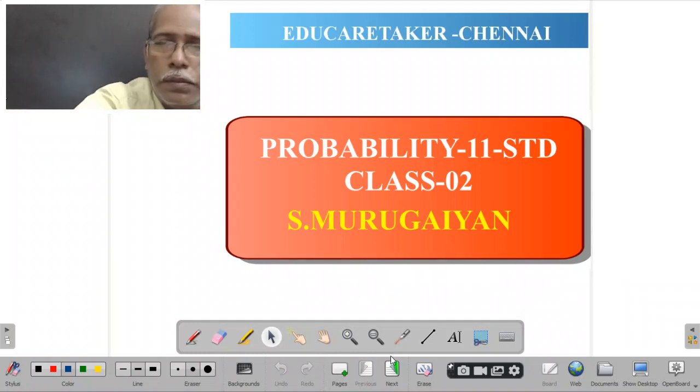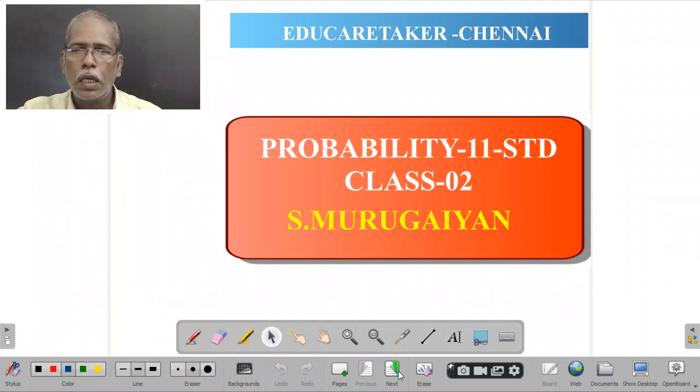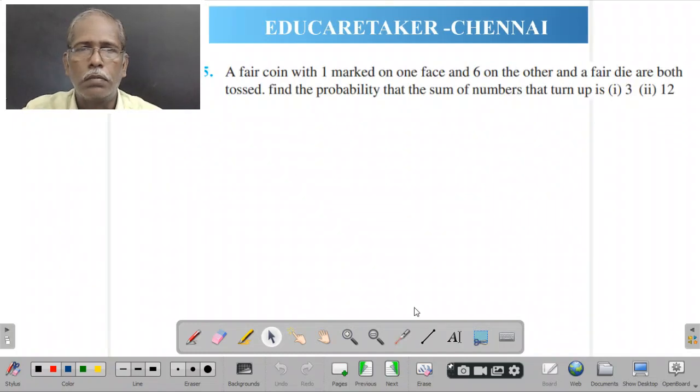The question: a fair coin with 1 marked on one face and 6 on the other face, and a fair die are both tossed. Dear student, we are given one coin loaded with 2 numbers.